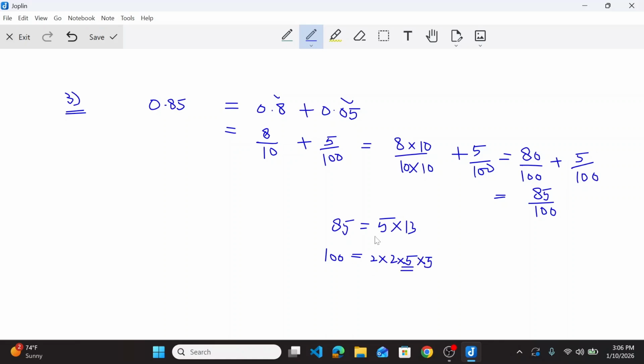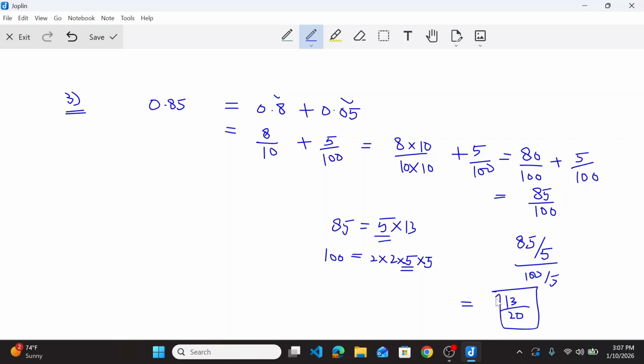So 5 is appearing on both sides. You can see my previous videos so you can understand what the HCF is. 85 divided by 5 and 100 divided by 5. So 85 divided by 5 is 17, and 100 divided by 5 is 20. So 17 divided by 20.